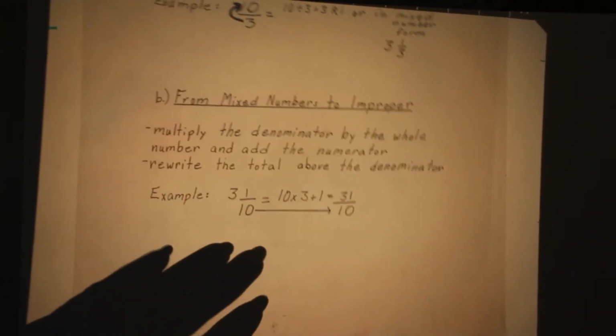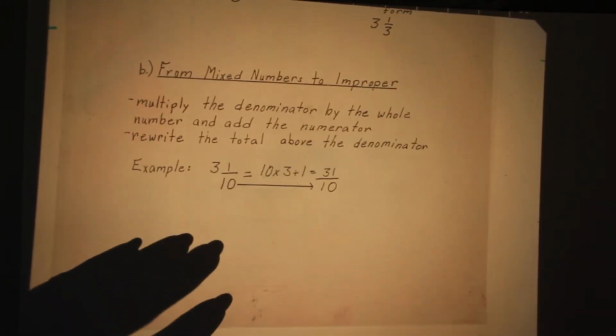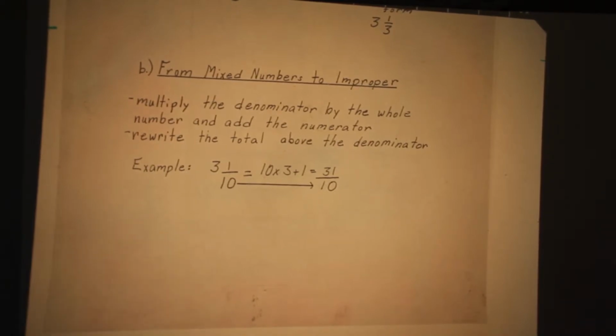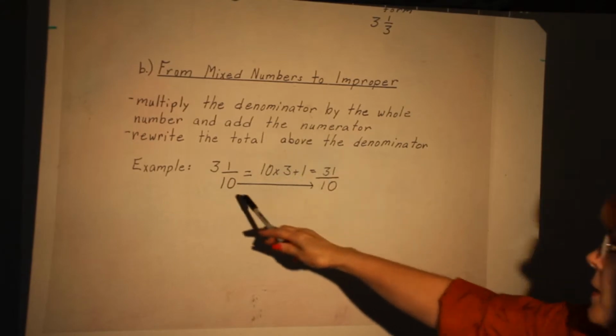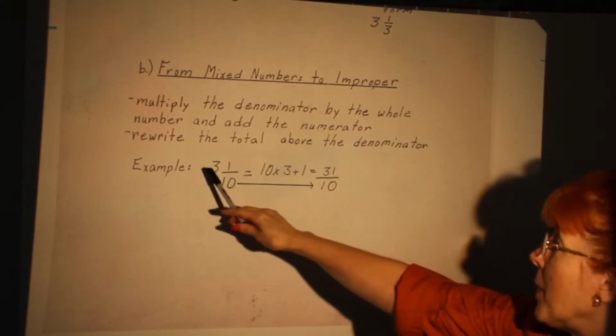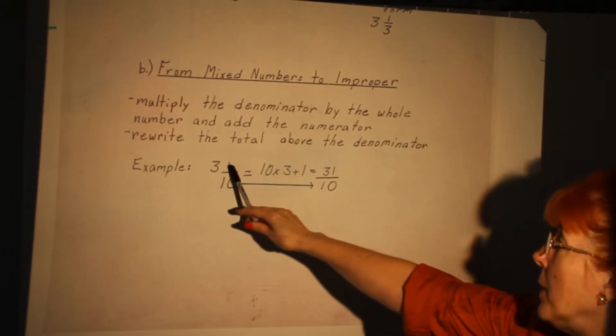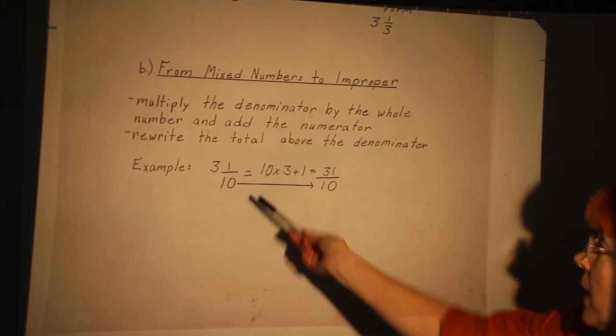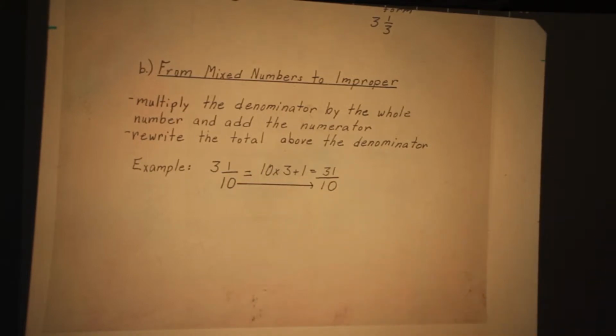From mixed numbers to improper, this one requires a little bit different work. You multiply the denominator by the whole number, and then you add the numerator. So in this case, 3 and 1/10.